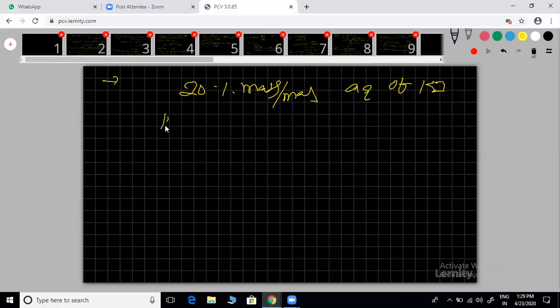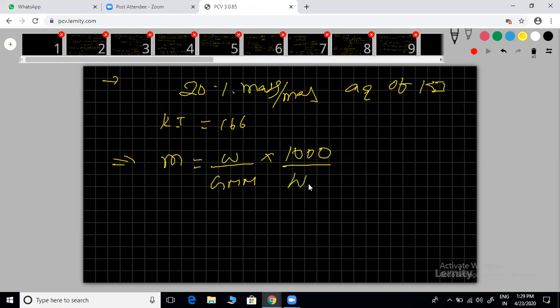KI molecular weight is given here, 166. So we need to find the molality. Whatever they have given, find first. Molality formula we know: weight by gram molecular mass into 1000 by W grams of solvent. This is our basic formula. Can you try this question?